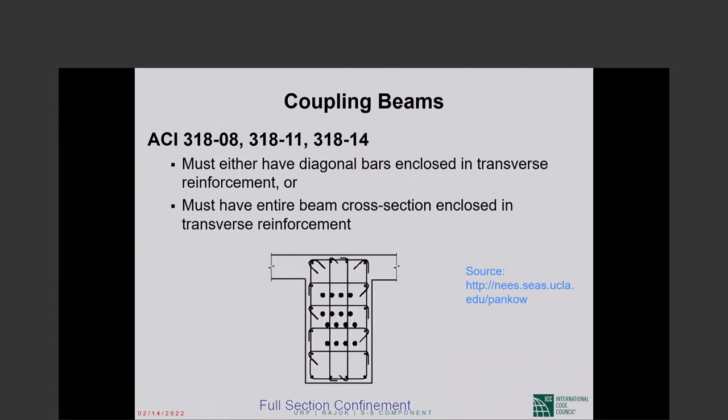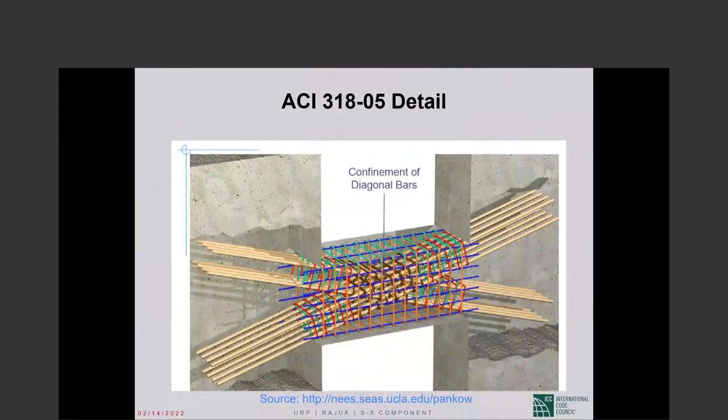Okay, so this is a very attractive alternative. Most people are doing this now because confining the diagonals was a pain in the neck. And John has shown that this is as good as the other confinement.